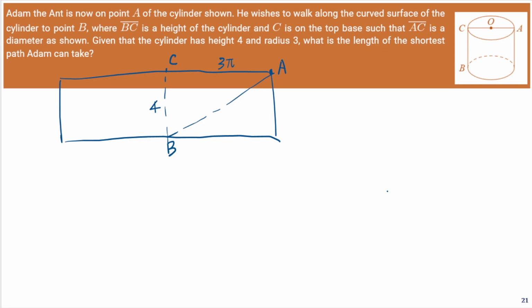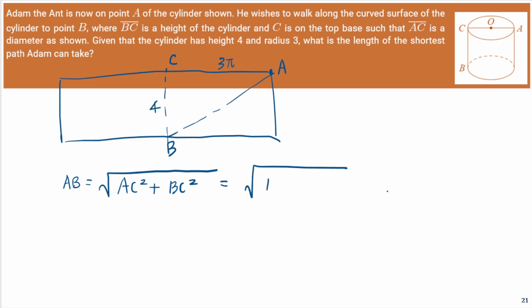From the right triangle ABC, we can now find the distance AB equals the square root of AC squared plus BC squared. And this gives us the square root of 16 plus 9 pi squared. Did you get it?